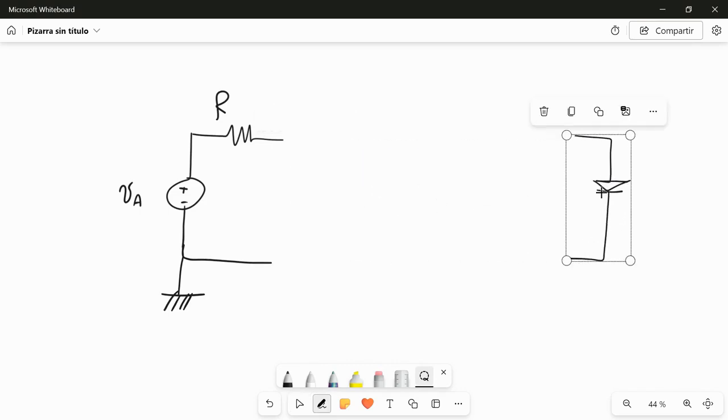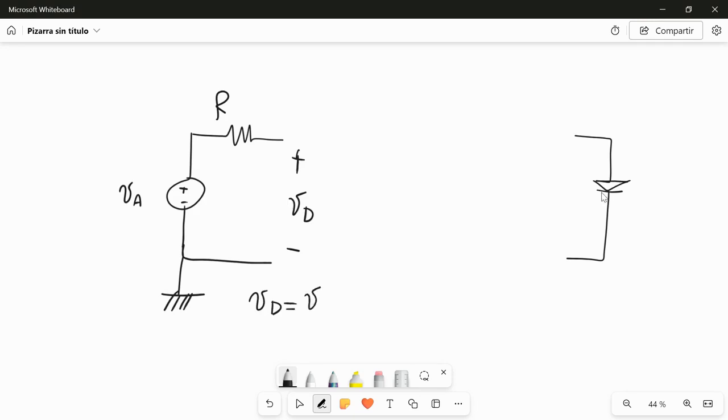Again we name this voltage drop with the polarity according to the diode, VD. We see the mesh. Again, we have that VD is equal to VA because there is no current flowing in this mesh due to this open circuit here. Again, we don't care what is here. We just remove the component, in this case a diode.